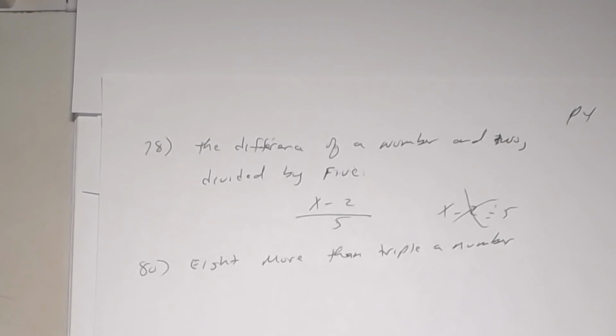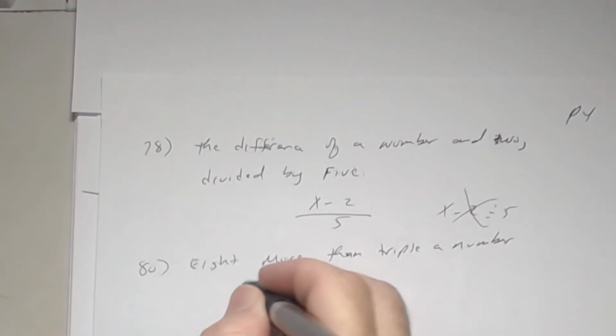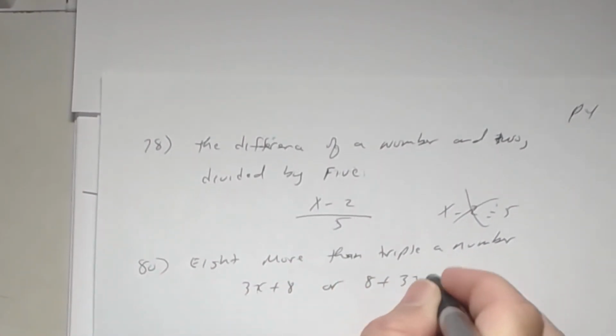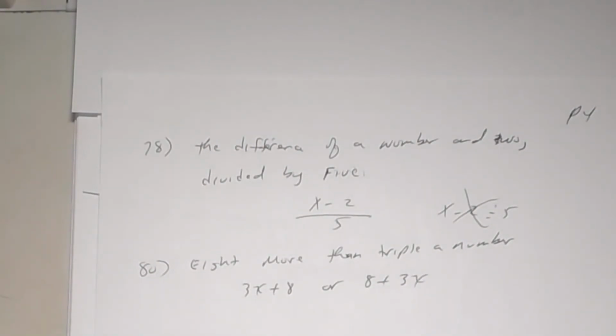Okay. So the word more in our table was what operation? Addition. All right. So you're adding 8 to triple a number. And what does triple a number, what expression is that? 3x. So you're multiplying x by 3. So you would say 3x plus 8, or you could have said 8 plus 3x. It does not matter. All right, so that was 80.